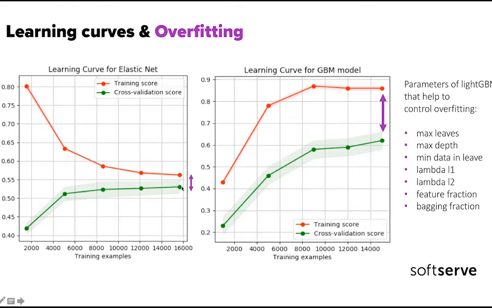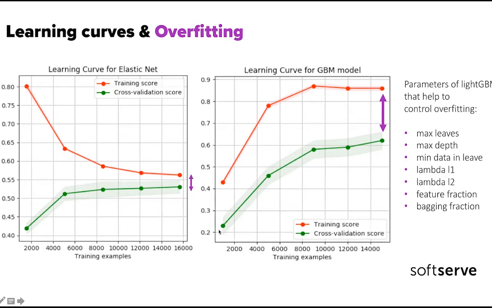But what is important is that our cross-validation score probably would never go higher than 0.55. And it's not good for us, because we want our model to be adapted to the data. We want our model so that the more data we have, the better results we have. And probably from ElasticNet, we could not really ask for more than this score.